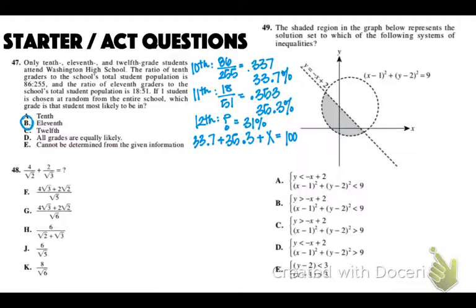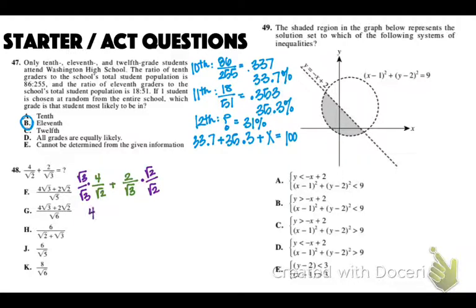Okay, 48. So this one, we just have to add that. So to do this, we have 4 over the square root of 2 plus 2 over the square root of 3, which we just need to get a common denominator. So I'm going to multiply this first one by the square root of 3 over the square root of 3, and this one by the square root of 2 over the square root of 2.